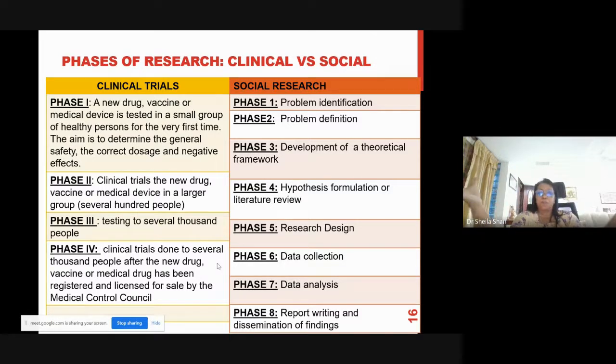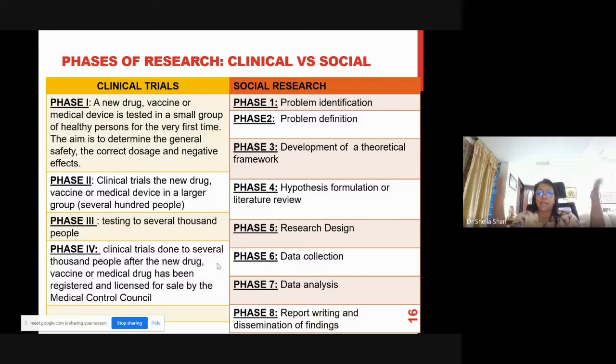I must use the proper instrument. Then I collect the data. Once I collect the data, I analyze. That is the best part. Phase 7, analyze the data. Do I get what I expect? Does my outcome answer my questions?